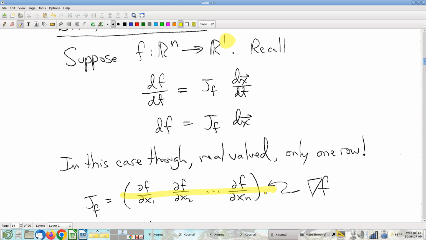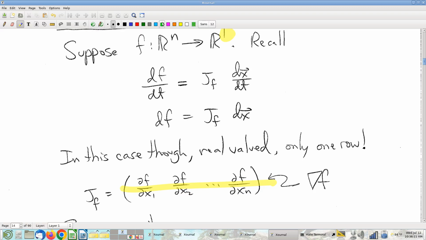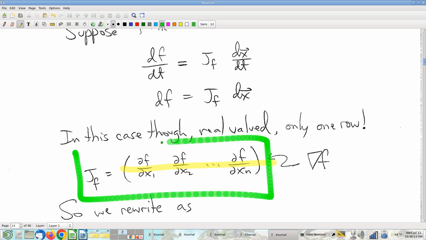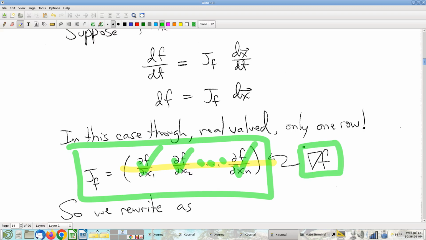Our Jacobian is just a row. And in fact, if you take a closer look, and again, here we have rules for how to write a Jacobian matrix, these are the elements of the Jacobian matrix. Notice it happens to be that it's just the partials of f with respect to all of its input variables. It's the gradient of f. It's written as a row matrix instead of as a vector, but element for element, it's the exact same thing.